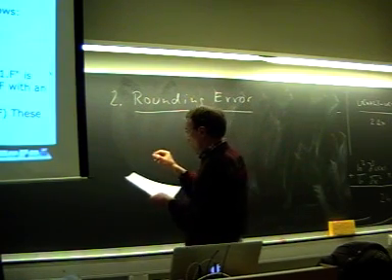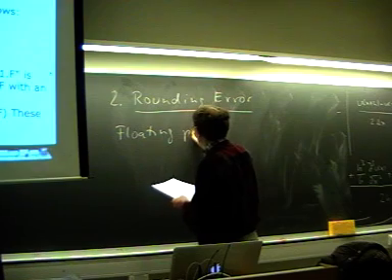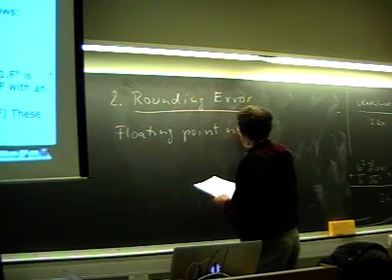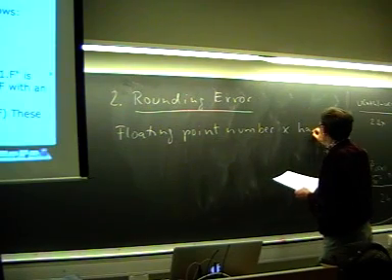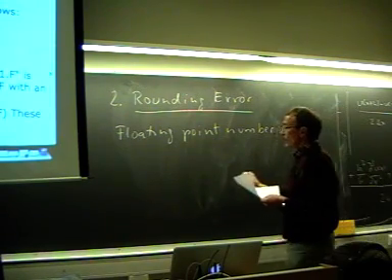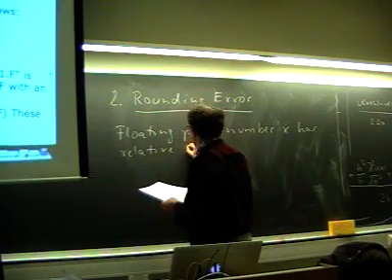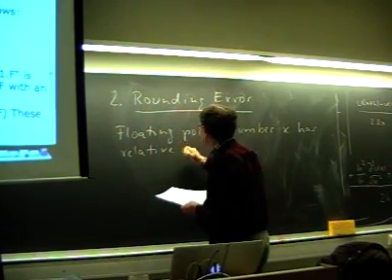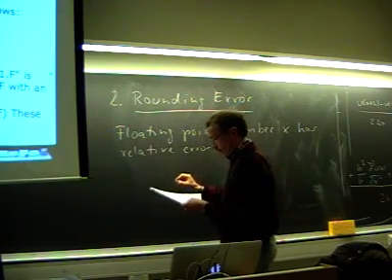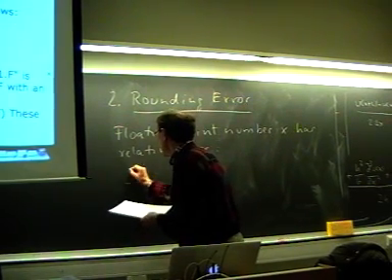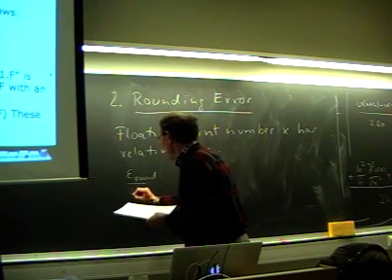So a floating point number x has the relative error that is due to rounding, that I call epsilon round divided by x.